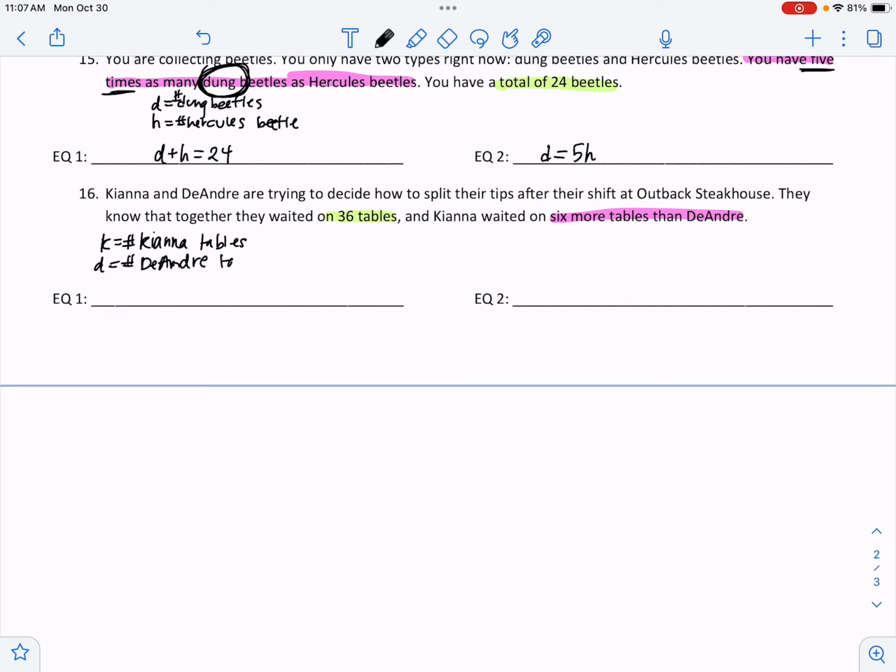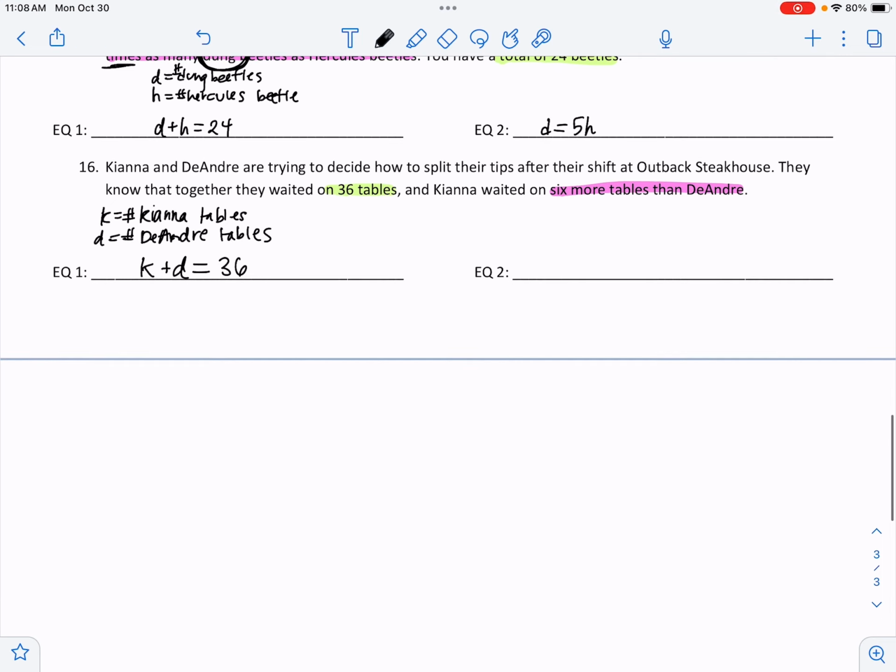I don't know how many each of them waited on, but I know the total. If I add K, the number of Kiana tables, plus the number of DeAndre tables, I get a total of 36 tables. Tables plus tables equals tables.